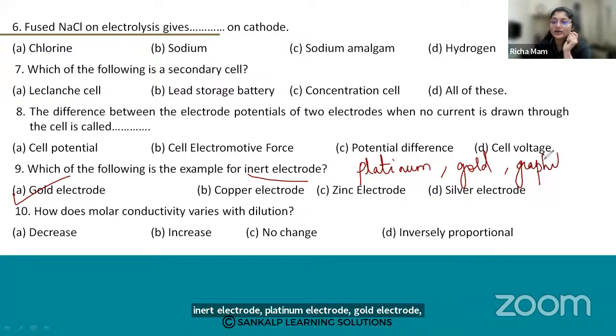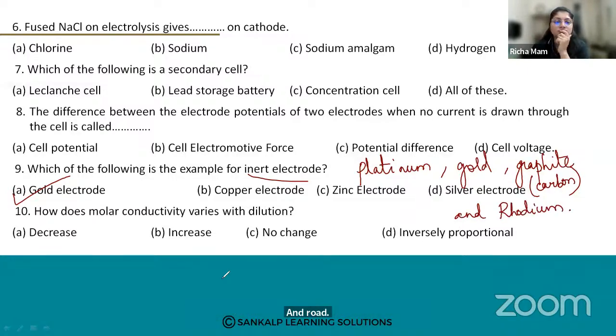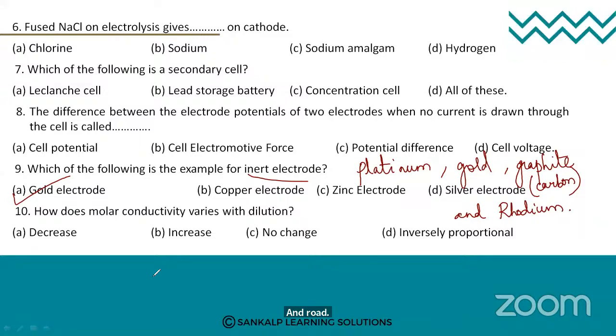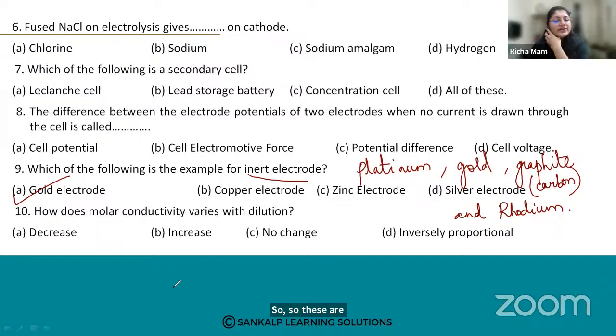Graphite is an allotrope of carbon, so graphite is nothing but carbon electrode, and rhodium. So these are the examples of inert electrode.